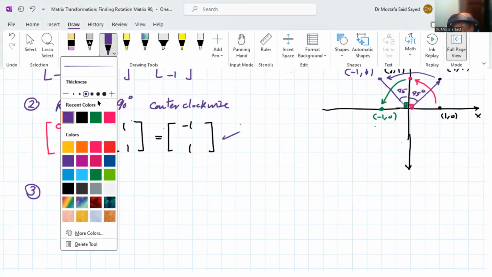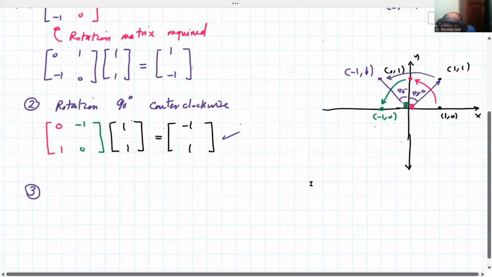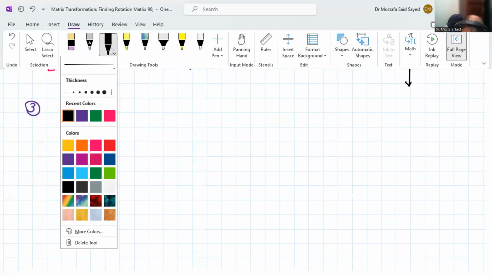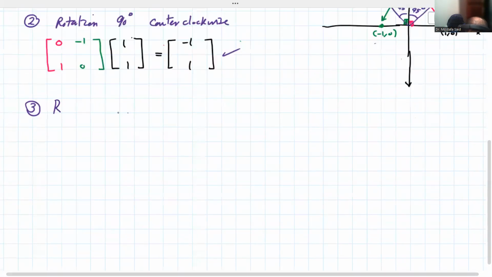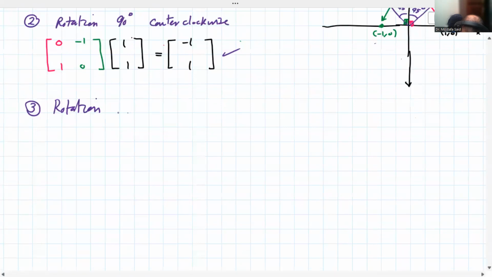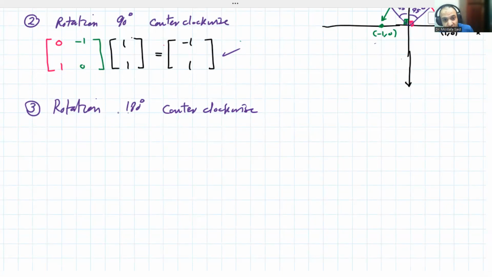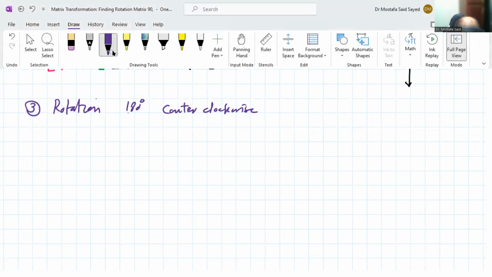So let's first write the question: rotation 180 degrees. Let's make it counterclockwise first. Then we're going to verify later that counterclockwise with 180 degrees is equal to clockwise.